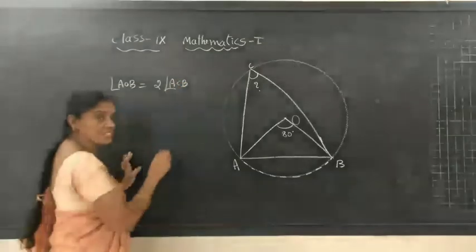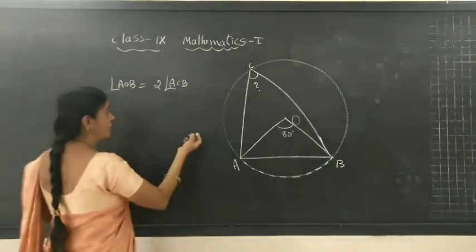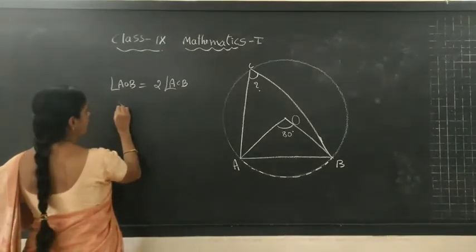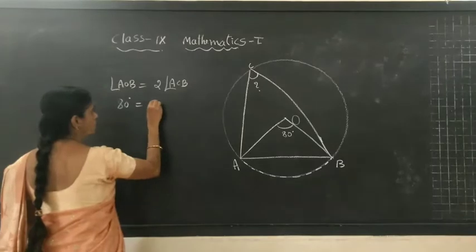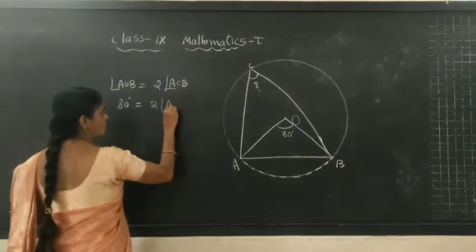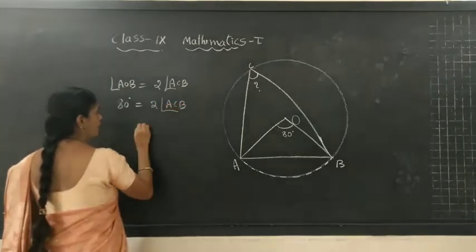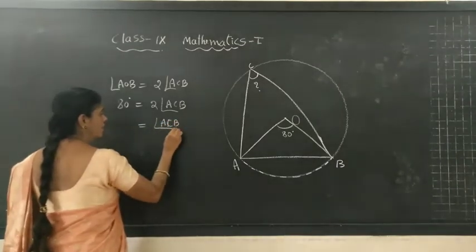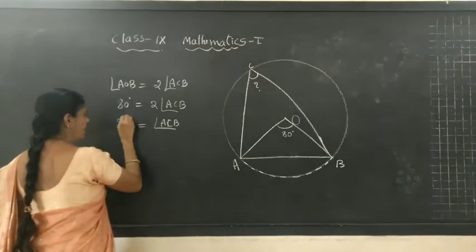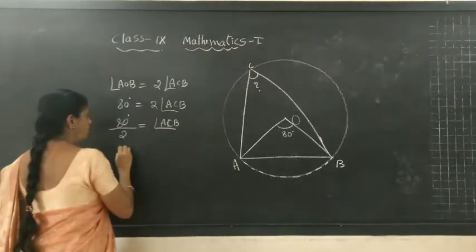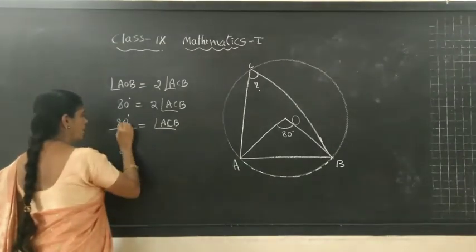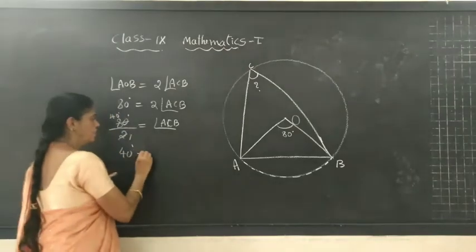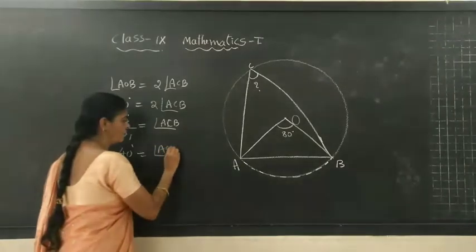So we can use this idea and get the angle ACB. Angle AOB, given as 80 degrees, is equal to 2 times ACB. We want angle ACB, so bring the 2 to this side: 80 degrees divided by 2 is 40 degrees. So you will get the angle ACB as 40 degrees.